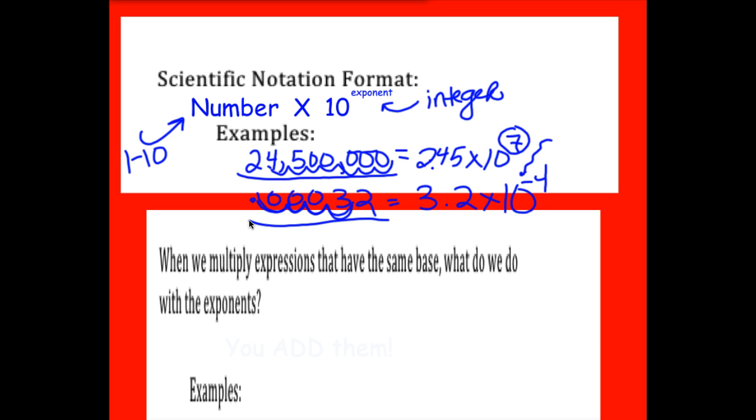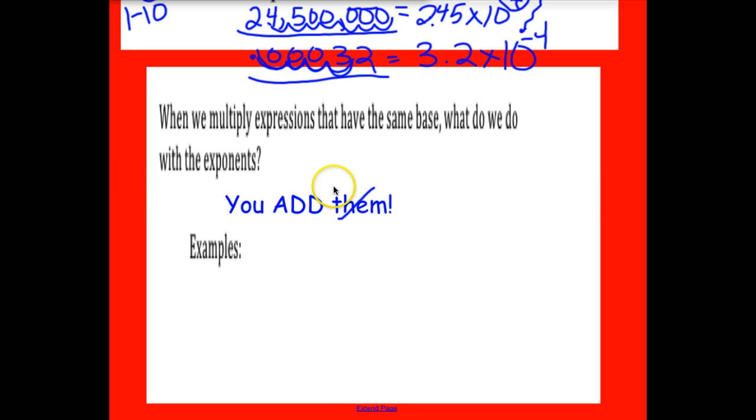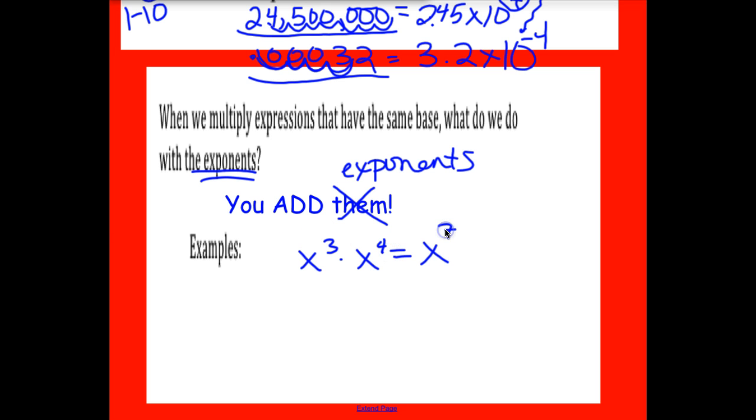When we multiply expressions that have the same bases, what do we do with the exponents? We simply add them. Some examples of that, at its very base form, something like that would just be x to the 7th.